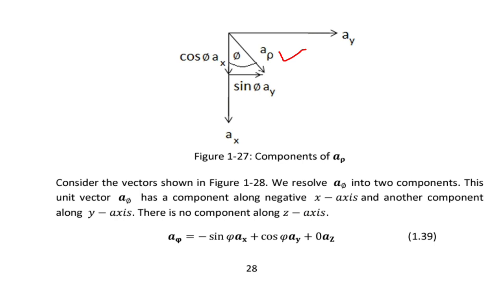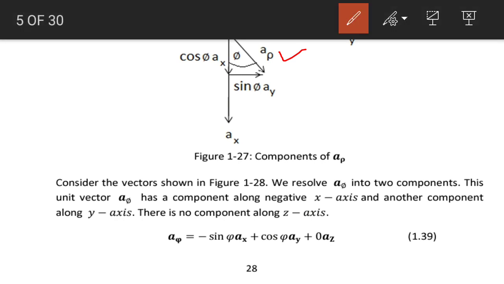So we resolve this unit vector A rho into two components. This unit vector will have a component along x-axis, which is equal to cos phi Ax, and another component along y-axis, which is sin phi Ay.